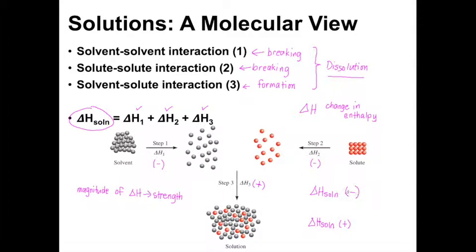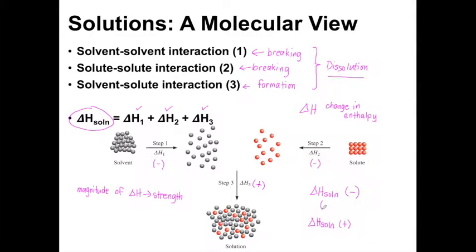So if our delta H solution is negative, it means that the values of steps 1 and 2 is much greater than the value of step 3, meaning we needed more energy to break the solvent-solvent interaction and the solute-solute interaction than the energy created from the formation of the solvent-solute interaction.